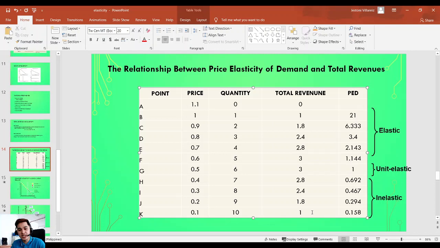So even if a stick of cigarette becomes expensive, people will still buy these types of goods. Though it is expensive, businesses can still earn revenue. So even if the price is high, businesses can still get something out of it. So they don't worry, especially if your product is inelastic.